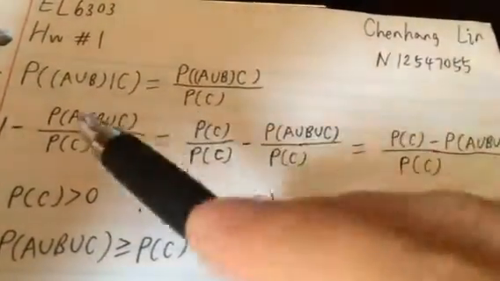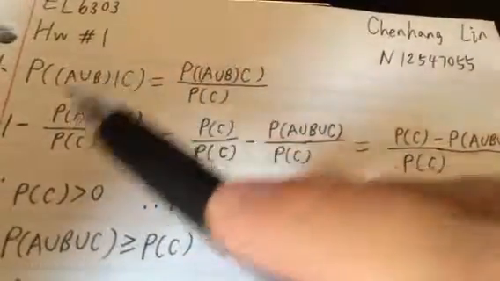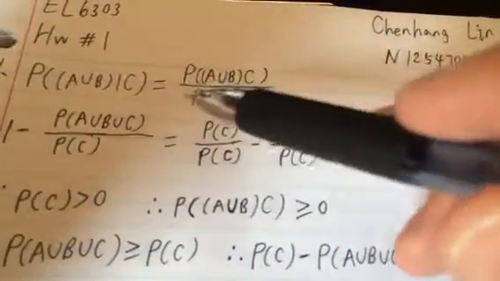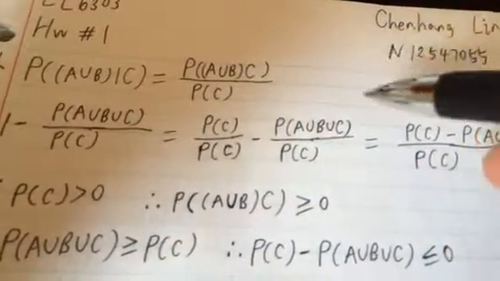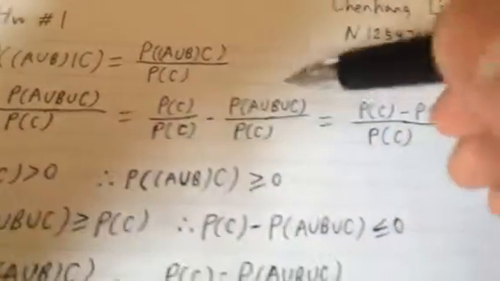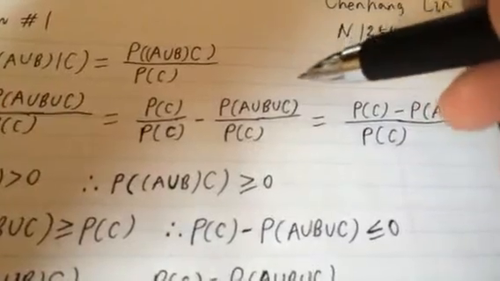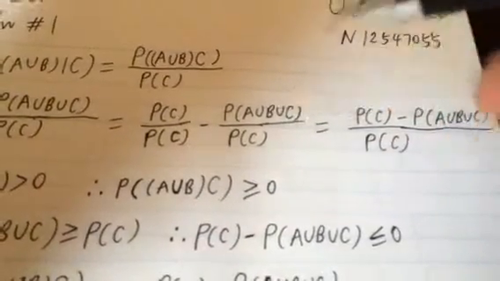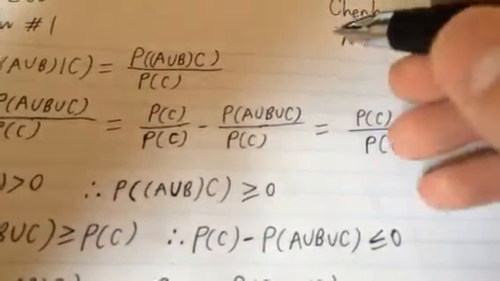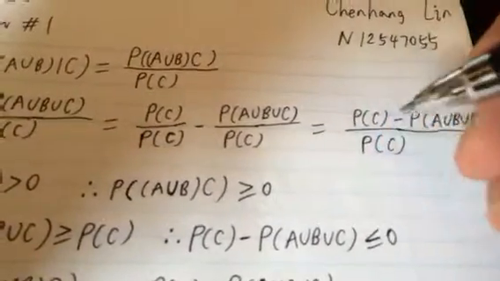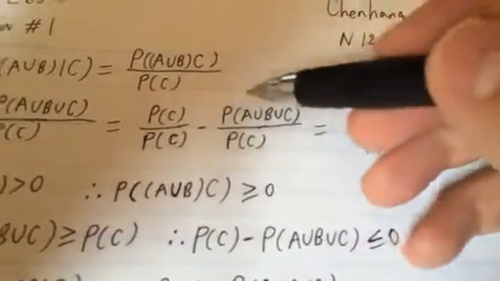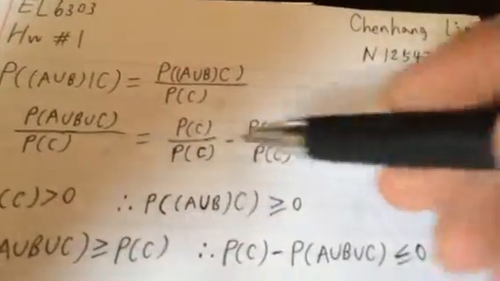So we get that the probability of the union of A and B, assuming C, equals the probability of the intersection of the union of A and B and C, over the probability of C.